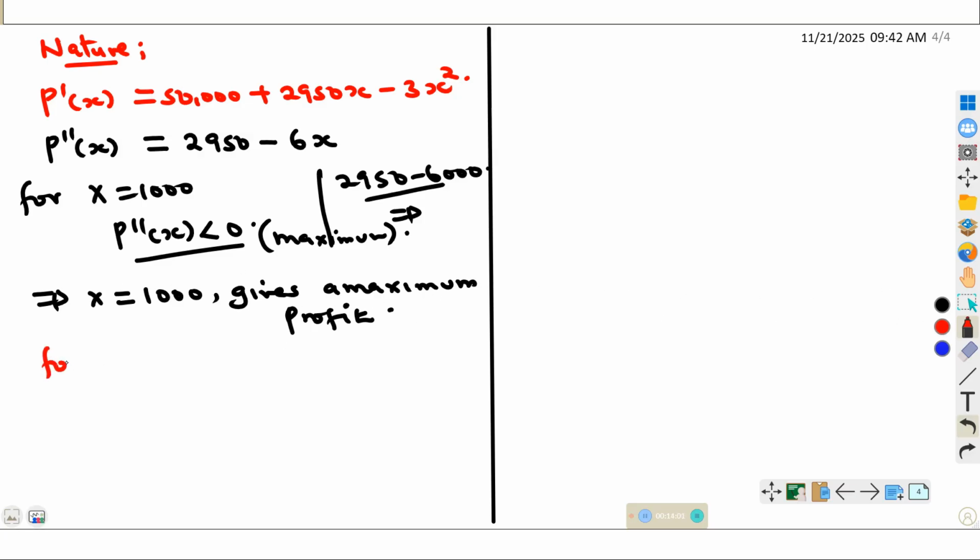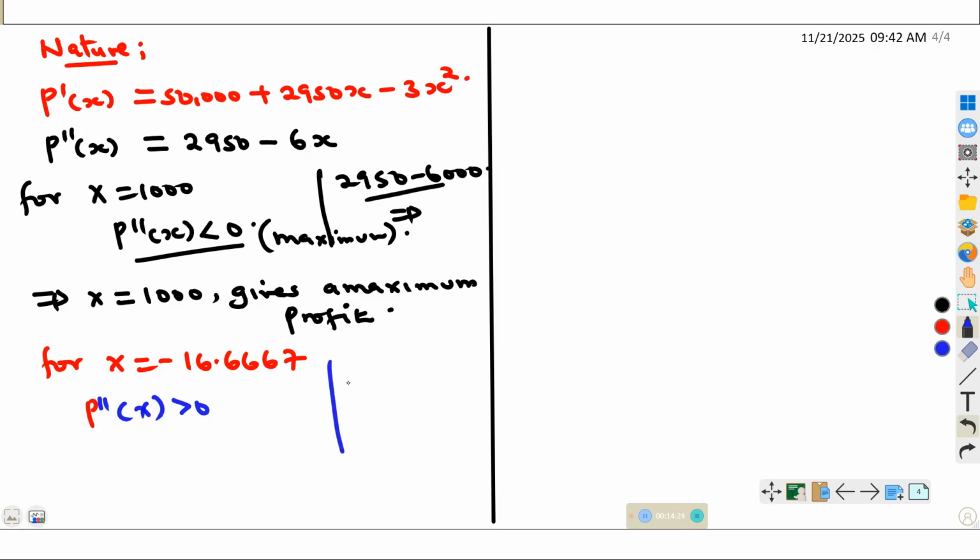So for x equal to negative 16.6667, what happens to p''(x)? This value will be greater than 0, because when you substitute this x here with a minus, it means this will be a plus.